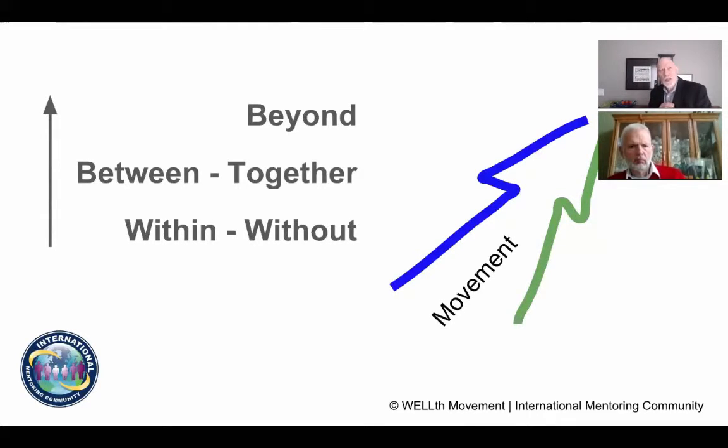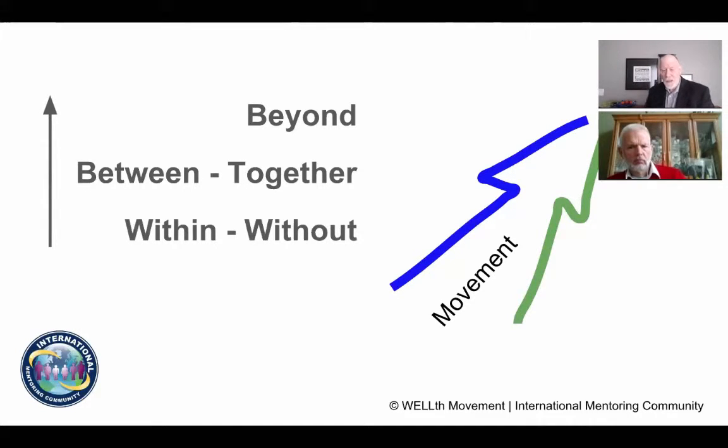Then we might be able to look at what happens between us and together as we engage in our relationship arrangement, and what might happen beyond what takes place. Because when you get into your mentor role with the mentee, there is movement of some kind that's going to take place.